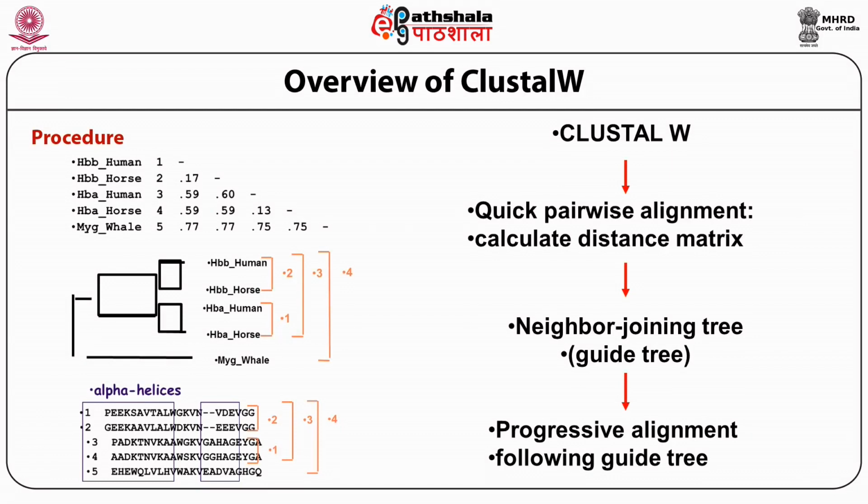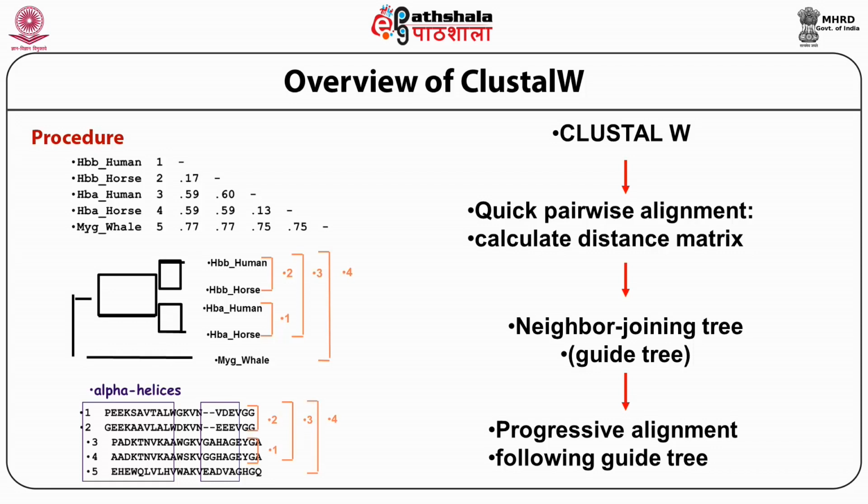So let's say I have 5 sequences out here, and at the top left of the figure I show you the distance matrix, which are the alignment scores of the one sequence with the other. So for 5 sequences I have 10 such distances in the matrix, as you can see, 1, 2, 3, 4, 5, 6, 7, 8, 9, and 10 numbers are there in the table on the top left.